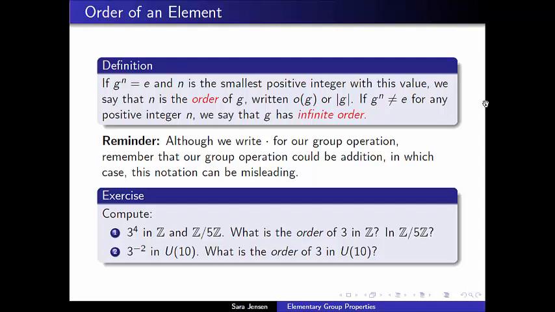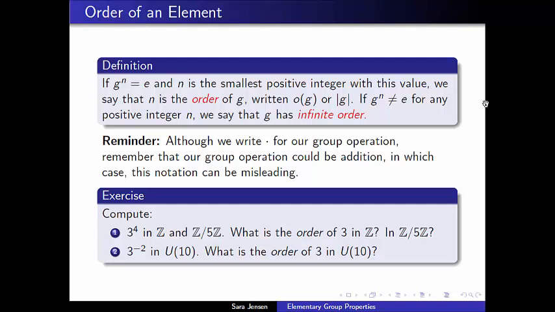Now the next thing I'd like us to do is work through an exercise where we compute some powers of elements in different groups to become comfortable with this notation and to be aware of this reminder that we have to be cautious about interpreting exponents in arbitrary groups. And I'd like us to do some examples in finding the order of an element within a group.